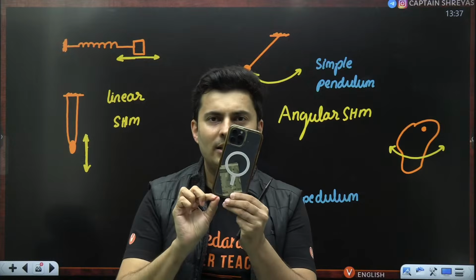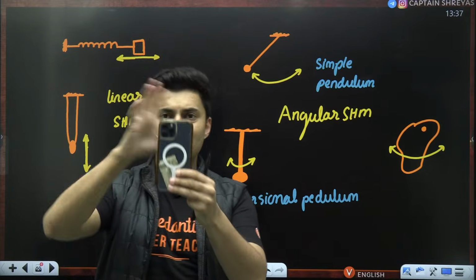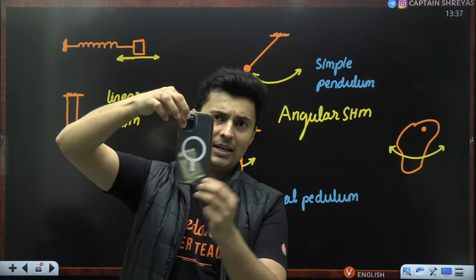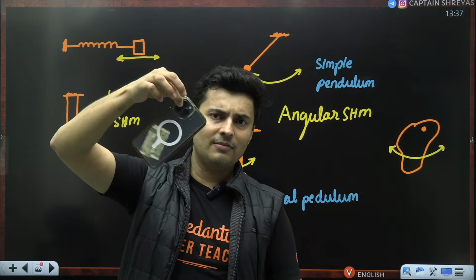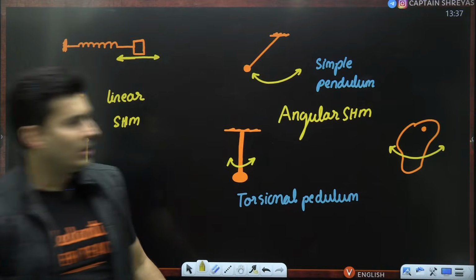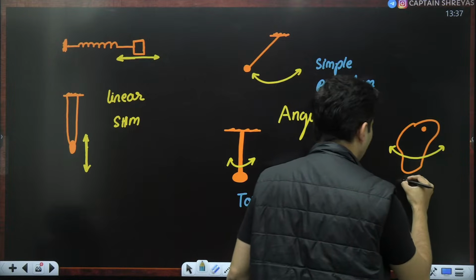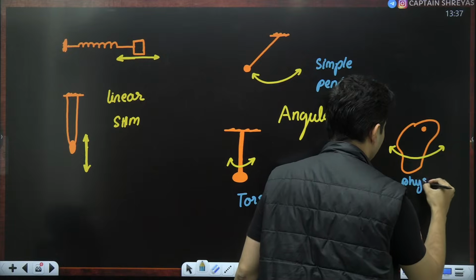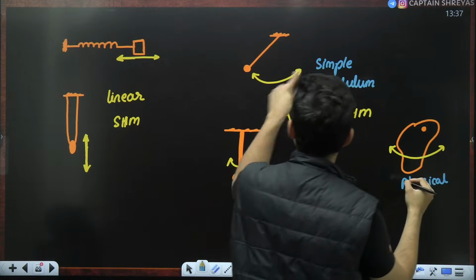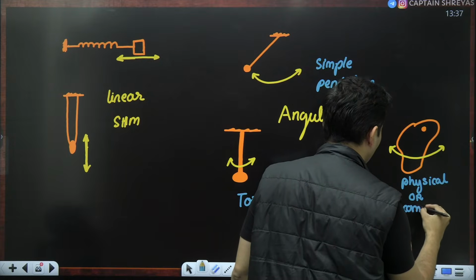It's not a point mass attached to a thread like a simple pendulum. Rather, it's a big mass with some dimensions and it is attached somewhere and it is going back and forth. Yes, this is also a pendulum, but this is called a physical pendulum. And since the other was simple, sometimes this is also called a compound pendulum.